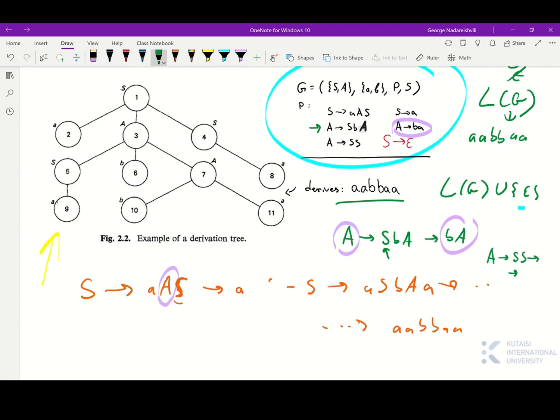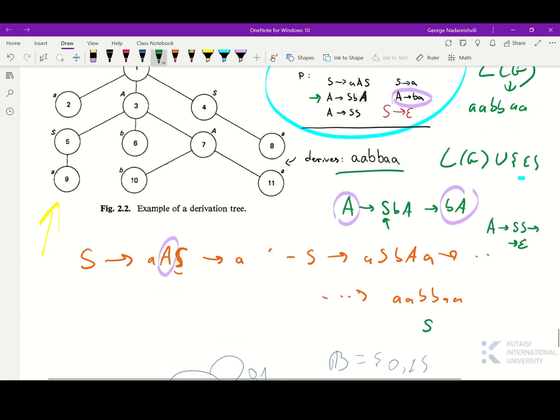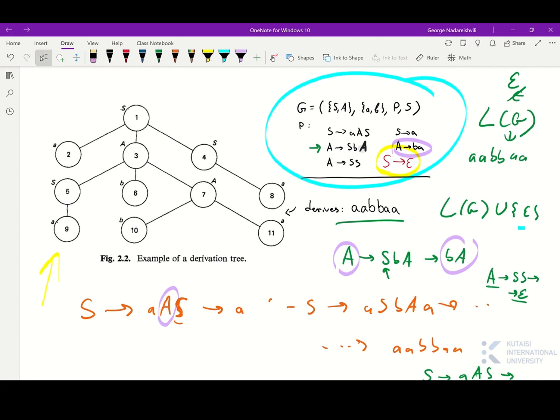So this means I can use epsilon twice, and this also derives epsilon now. So A derives epsilon. So now the first rule, S derives AS, is now S derives S, so this derives A. So I'm doing some other things now because the fact that I introduced this new rule broke old rules.